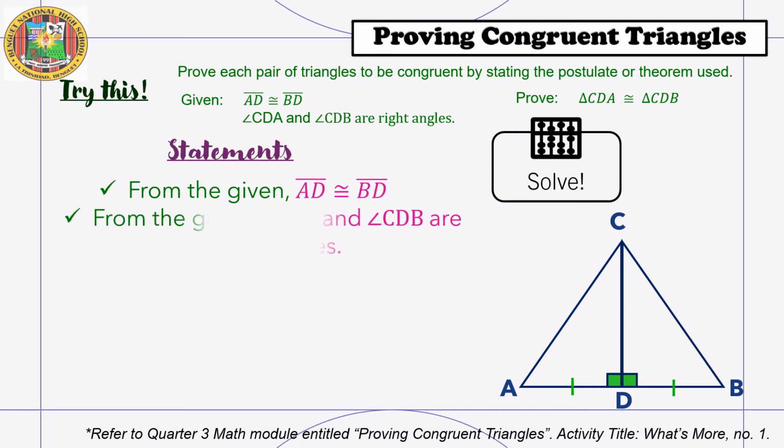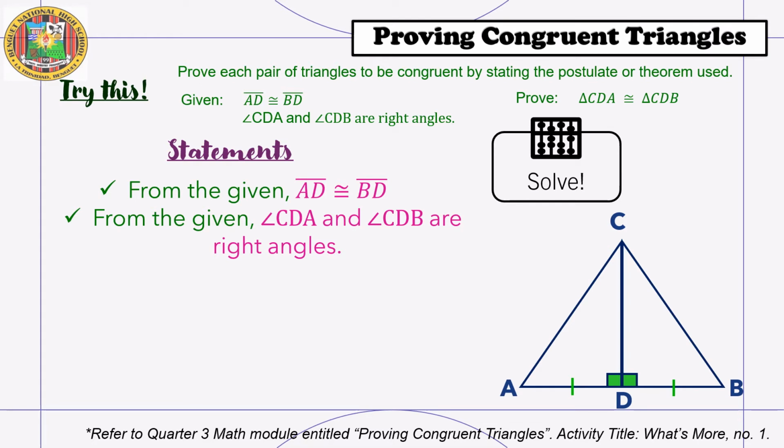Another statement was given that angles CDA and CDB are right angles. We draw the symbol for right angles where angles CDA and CDB are.